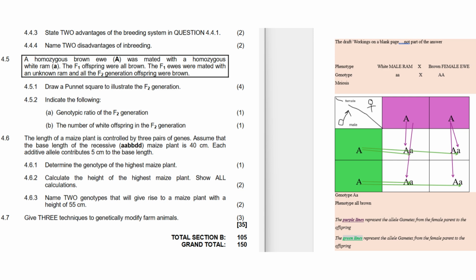As we know, the A is the female here, because that's the sheep, so the female alleles are at the top: first column dominant A and second column dominant A. Dominant just means capital letter.